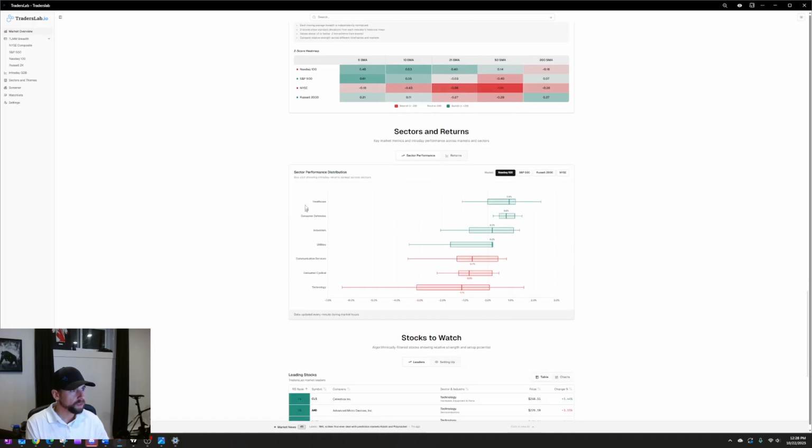All right, next one, sectors and returns. That's kind of a new view, but something that we already had. So we had the box graph view.